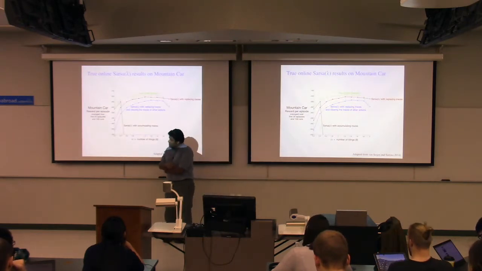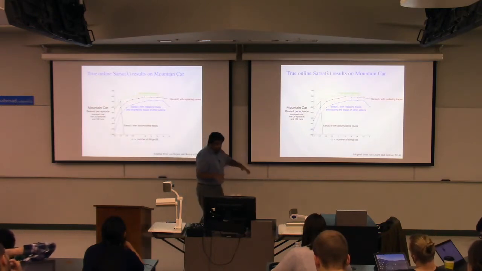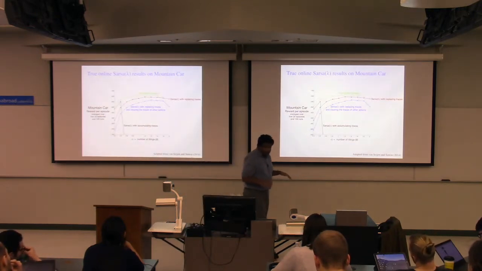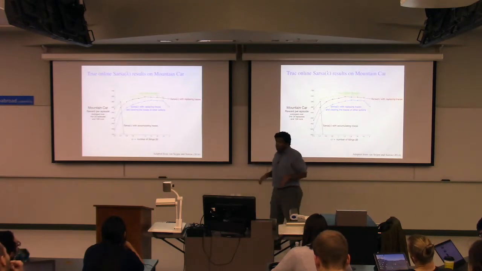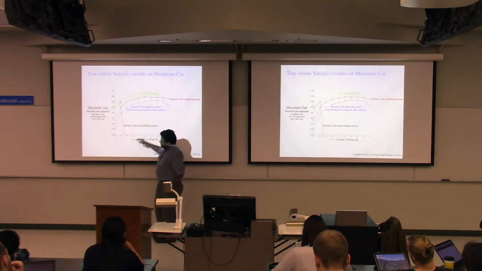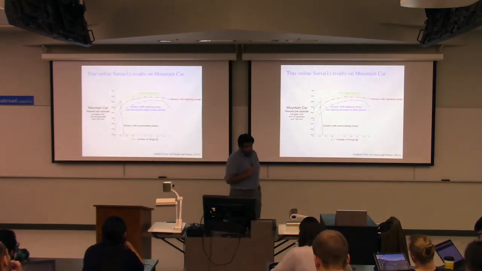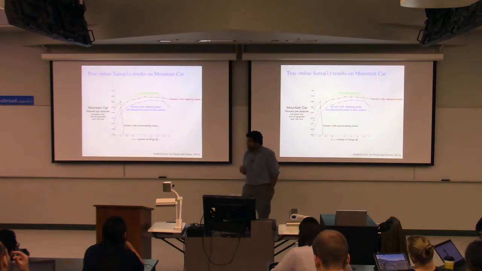And if you just use regular accumulating traces, the features that are associated with being at the bottom of the valley, you'd encounter those a lot, right? And so this would make your traces get large, which means that if you have a high step size, it would diverge, right?